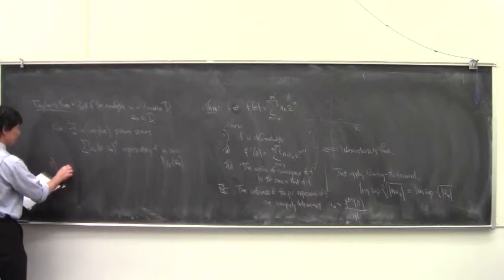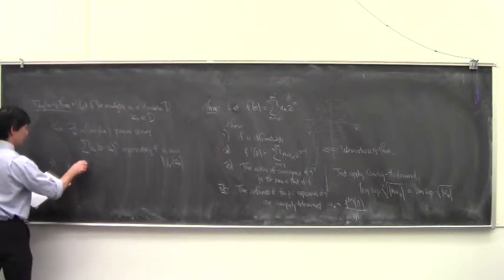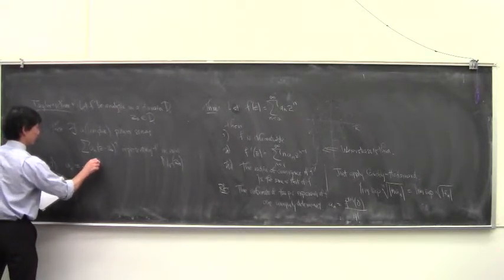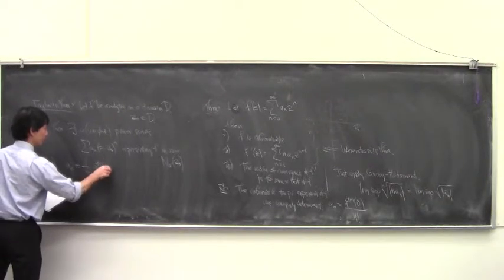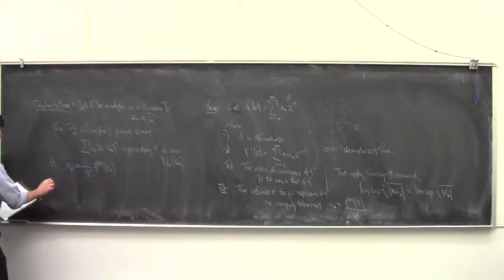We notice, as we just did, that the nth coefficient will be 1 over n factorial times the nth derivative evaluated at z naught.